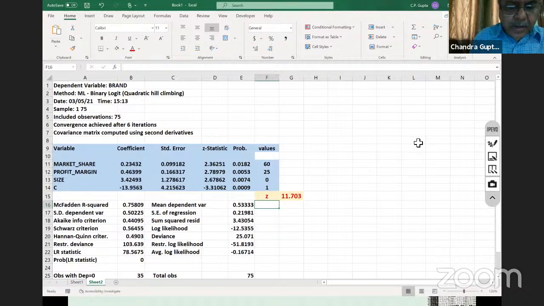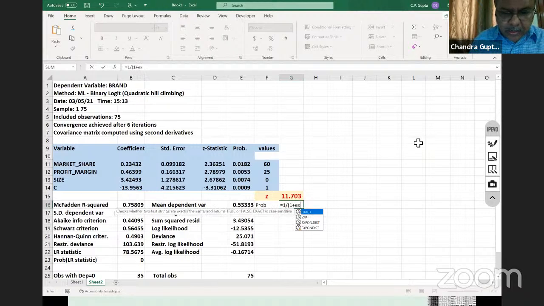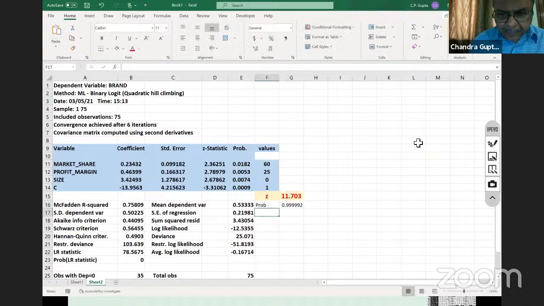And the probability value will be, I'm using the logit function, so my probability value, if you remember, is 1 over 1 plus e to the power, that means the exponent of minus this, and that's the probability which we get here.